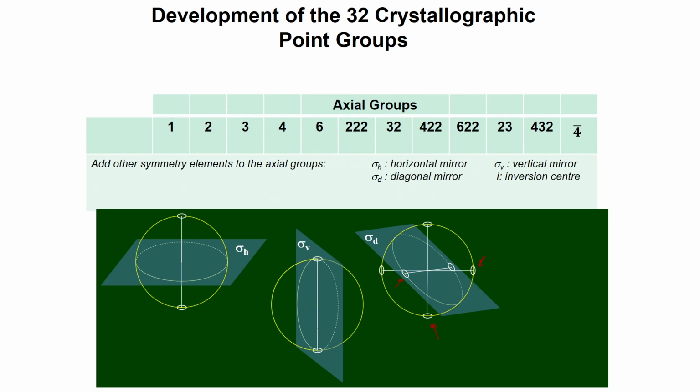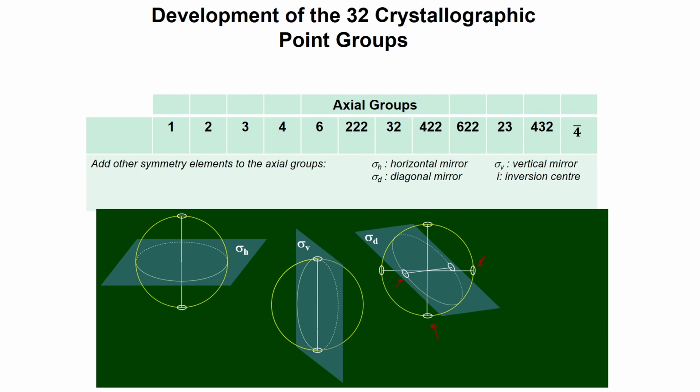So, then quite clearly we cannot define a diagonal mirror for the point groups 1, 2, 3, 4 and 6, since there is only one axis involved here. And in some cases we may not be able to put a diagonal mirror, because it may end up generating more rotational axes, destroying the symmetry.